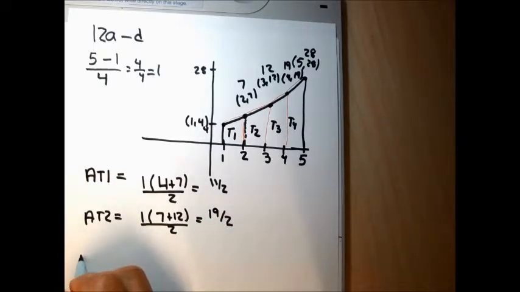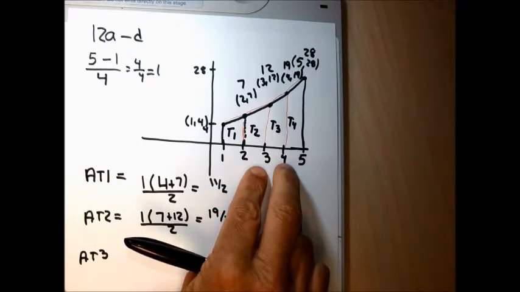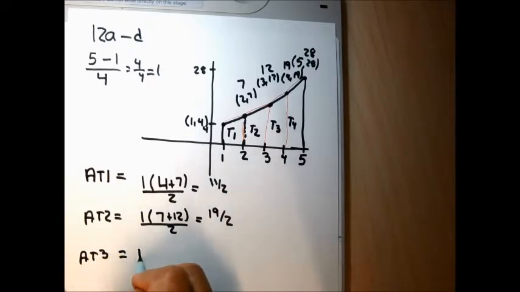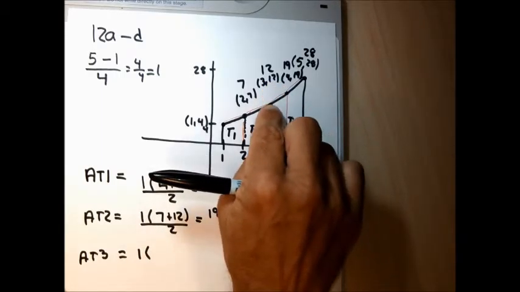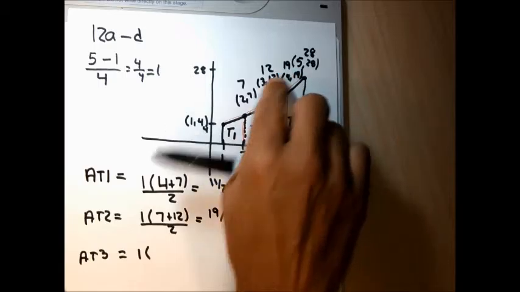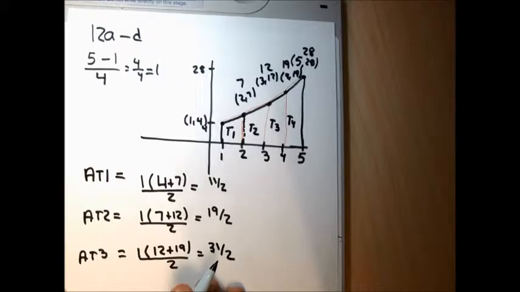For trapezoid 3, the distance between 3 and 4 is the height, which is 1. I multiply by the sum of the y-coordinate of the left edge plus the y-coordinate of the right edge, divided by 2. 12 and 19 is 31, and then over 2.